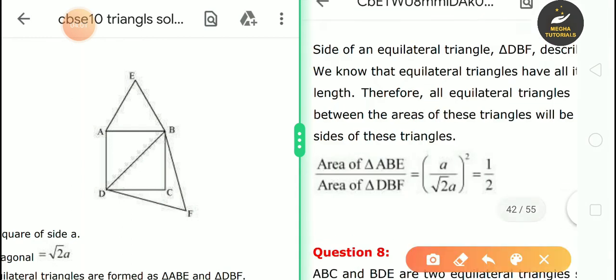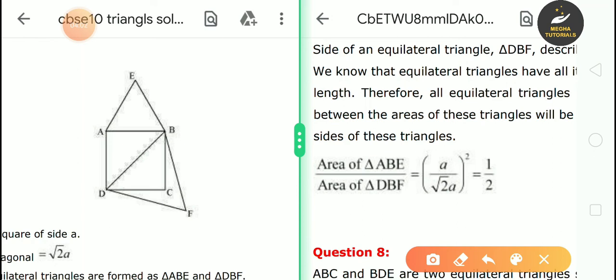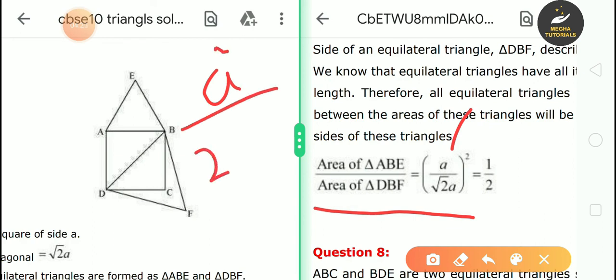Since triangle ABE and triangle DBF are similar, we can write using the theorem of areas of similar triangles: area of triangle ABE upon area of triangle DBF is equal to A square upon (√2A) square. Okay, so after this we'll get A square upon 2 into A square.